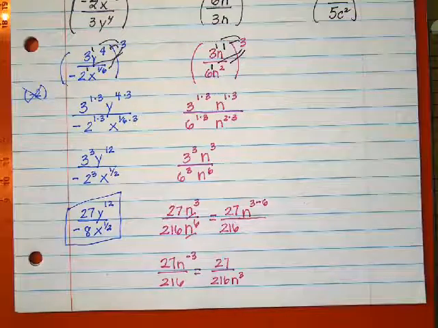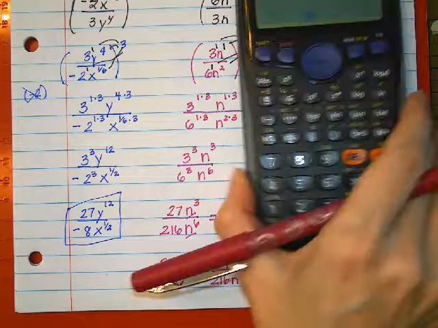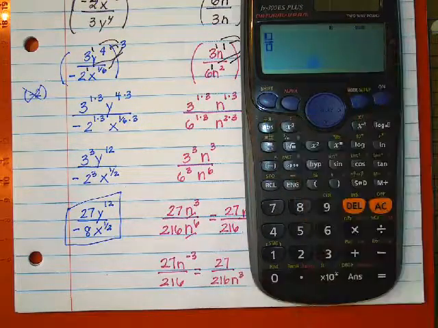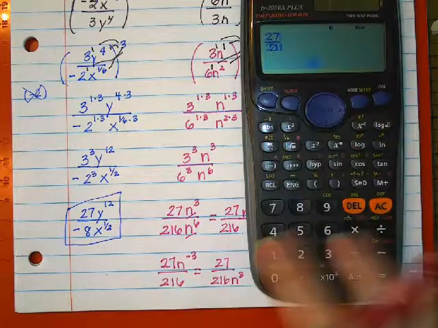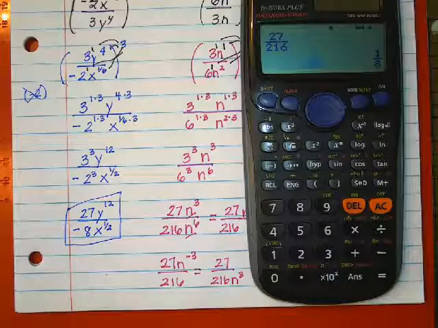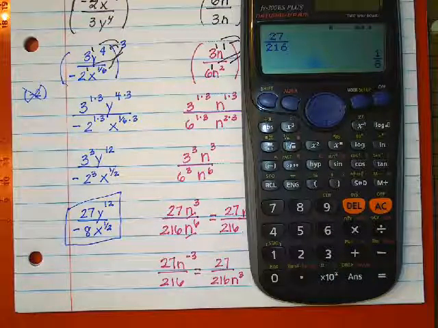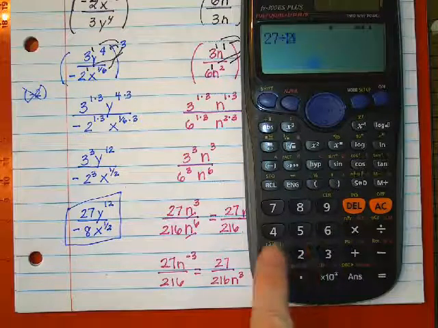Now I need to check to see if my fraction, 27 over 216, is going to reduce. So I'm going to bring this down. You guys can see. Put my fraction bar in here. I'm going to put 27 over 216, and I'm going to check to see. And it does reduce to 1/8 because 27 times 8 is 216. You can also do 27 divided by 216.